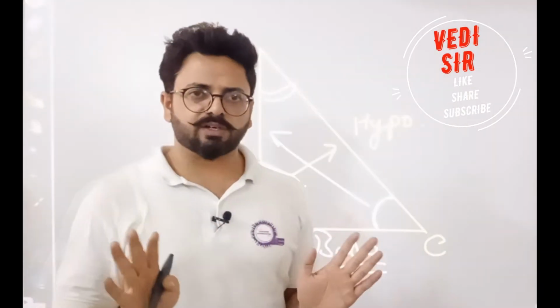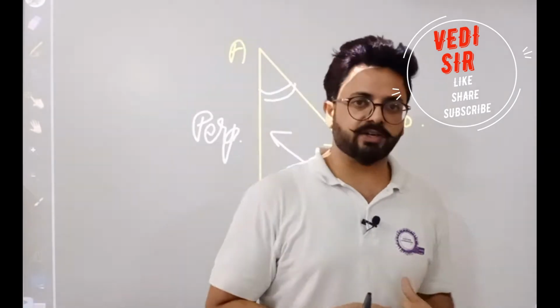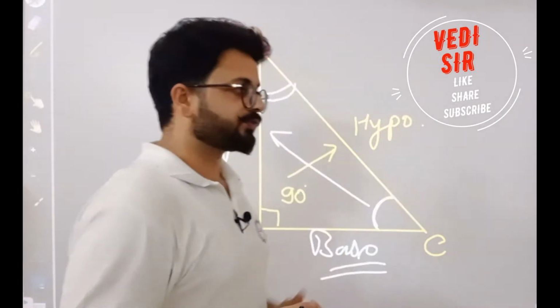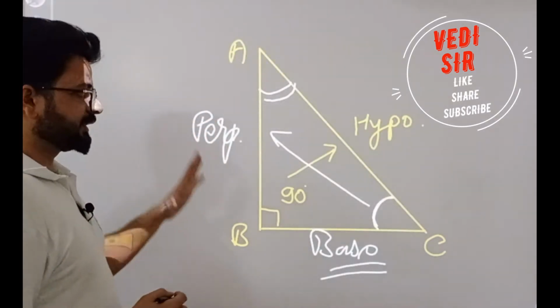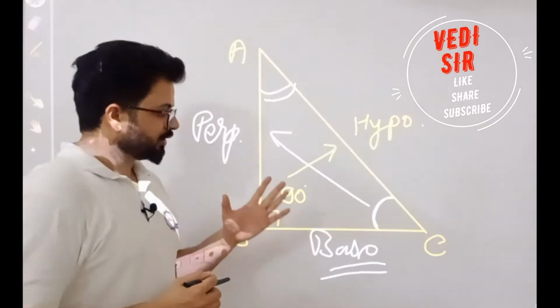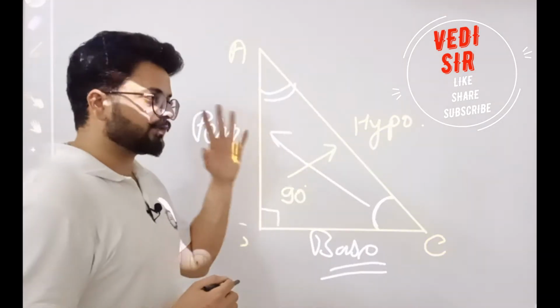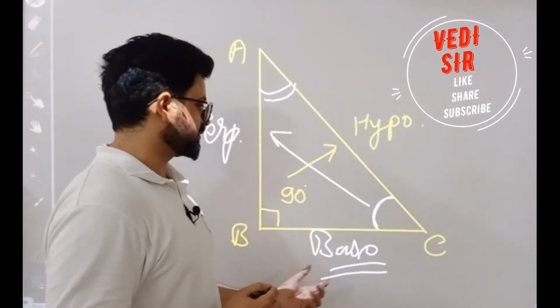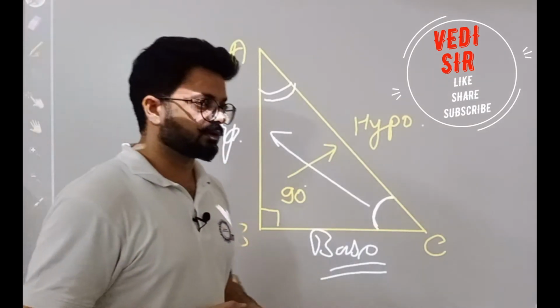So this is a general introduction regarding this right angle triangle and trigonometry. Afterwards, in this triangle we have 3 sides: hypotenuse, base and perpendicular.